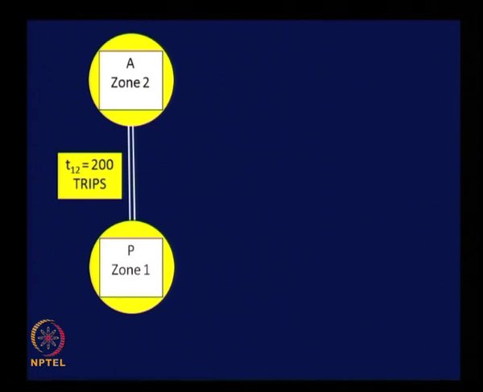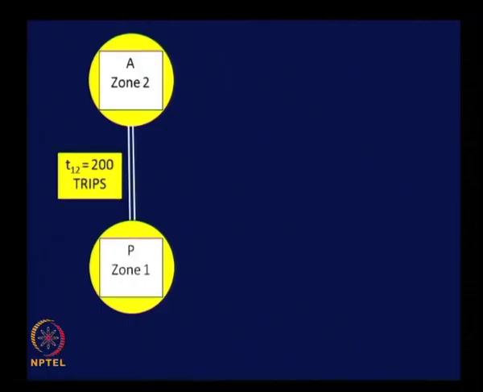Zone 1 is a production zone, zone 2 is an attraction zone, and 200 trips are interchanged between zones 1 and 2. We have no information about the direction of movement. PA matrix will not give you the directional information, right.